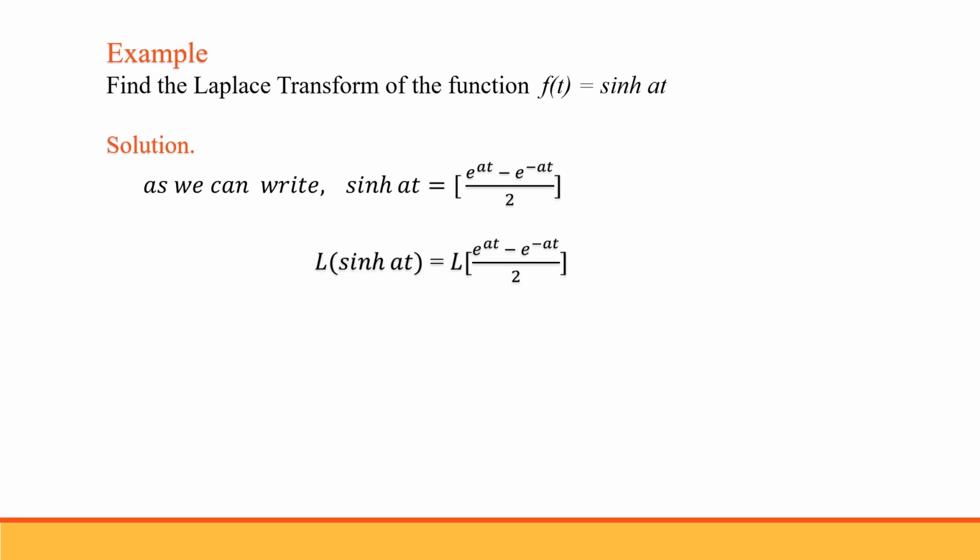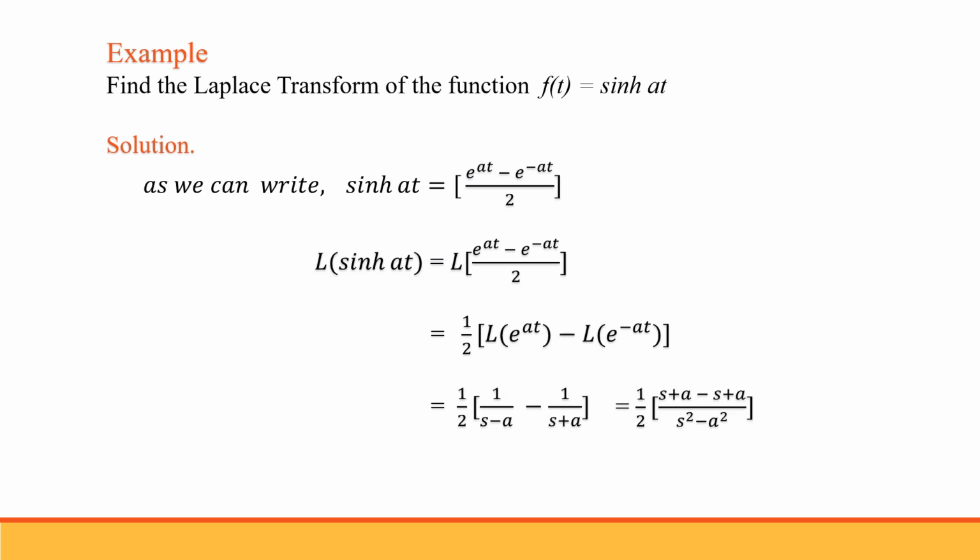Now apply the Laplace transform to e to the power at and e to the power minus at as earlier. We get the Laplace transform of sinh at as a upon s square minus a square.